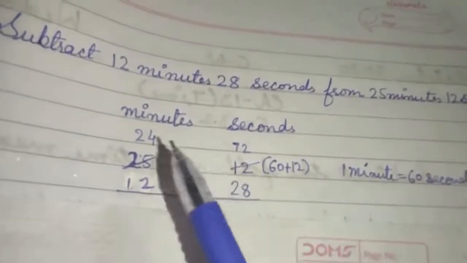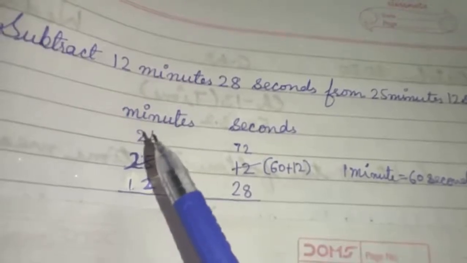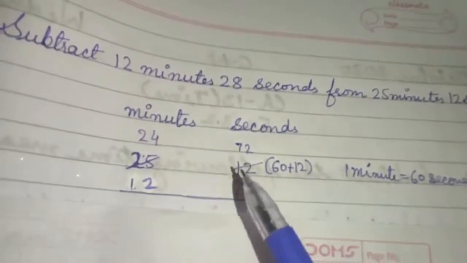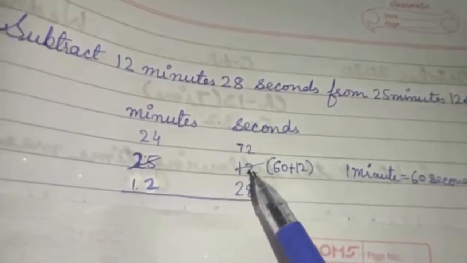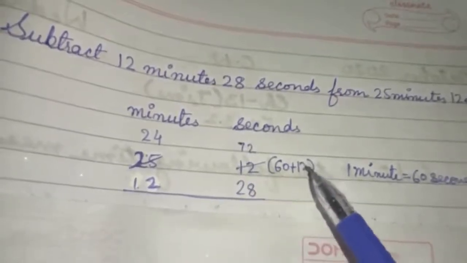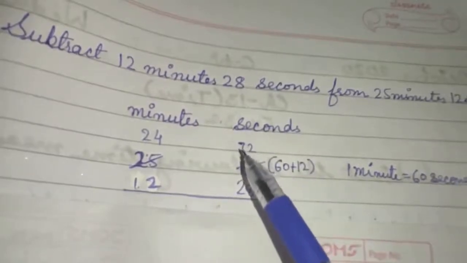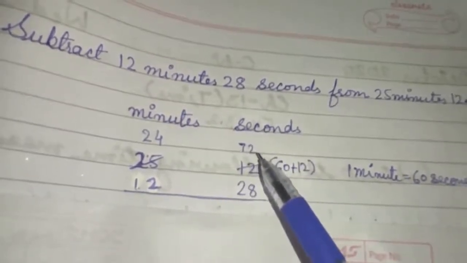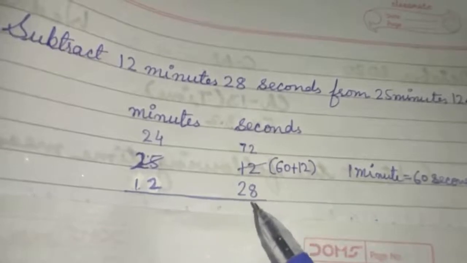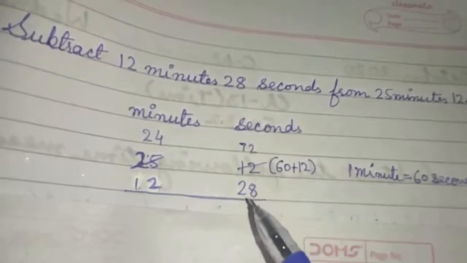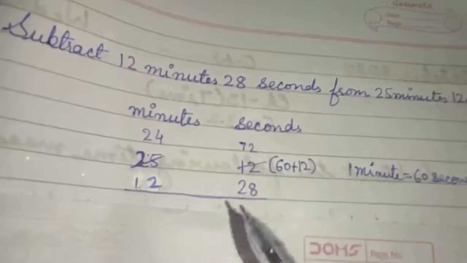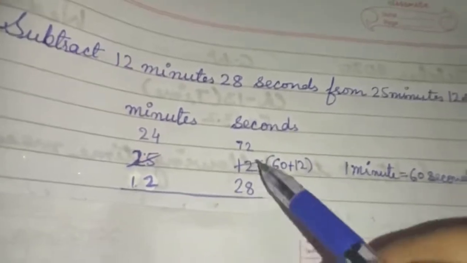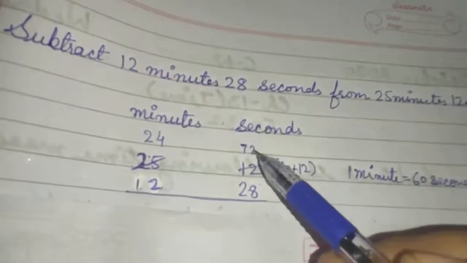So that 1 minute, equal to 60 seconds, will be added to these 12 seconds. So 60 plus 12 will be equal to 72. Now you will do the usual subtraction. Now 72 is greater than 28, so you can subtract 28 from 72. So what will you do? You will subtract 28 from 72.